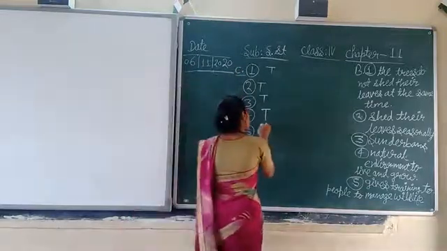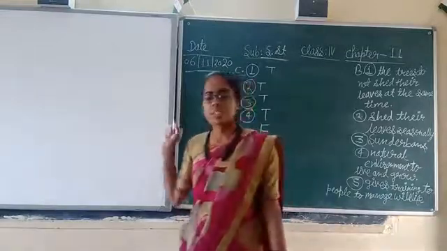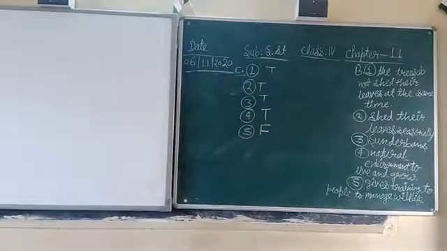It migrates to India but not during the summer, during the winter. So, I will read the answer one more time. By that time you match it and do it properly in the book. First one, true. Second one, true. Third one true, fourth one true, and fifth one false.